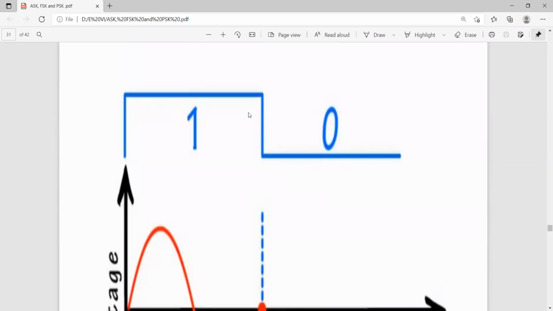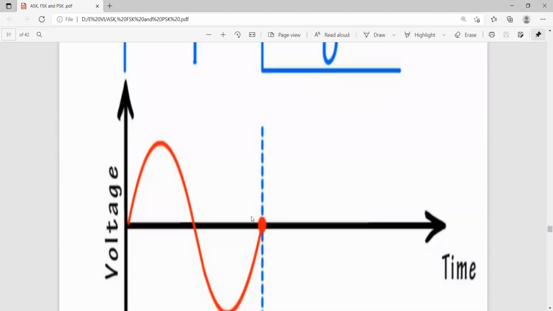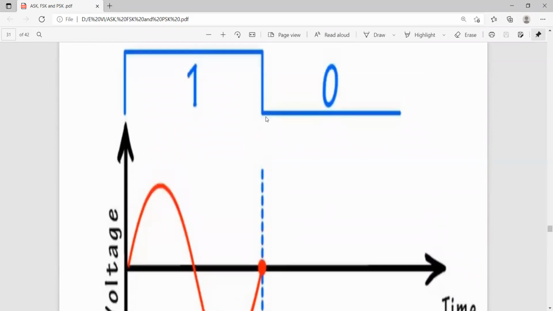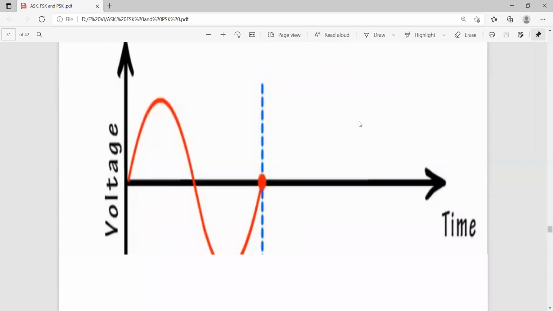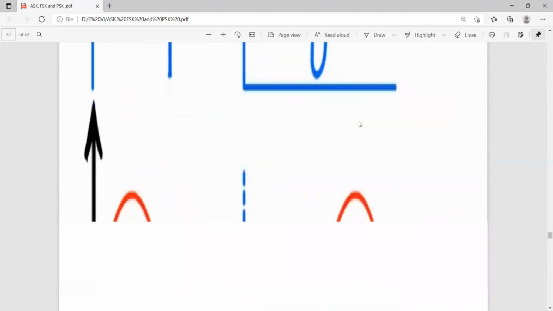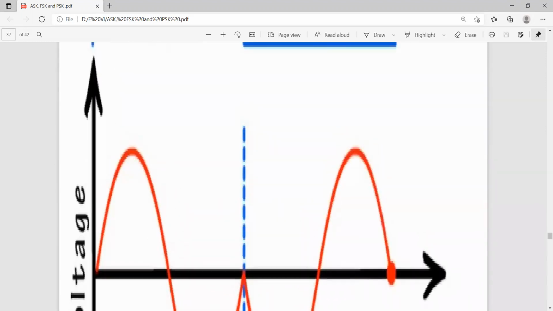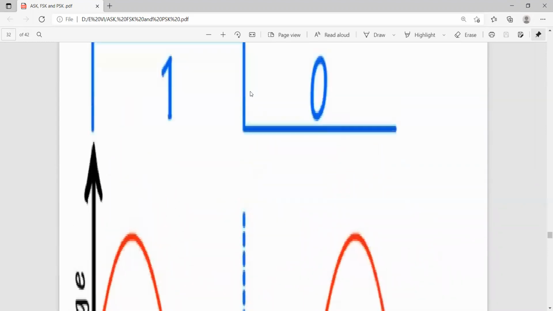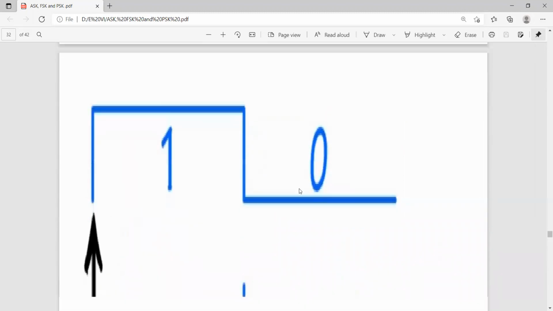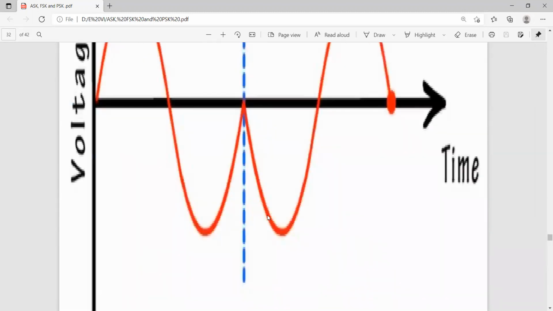So here it is 1 to 0 transition, 1 to 0 transition. Up to this it is one phase, and suddenly here 1 to 0. For 1 to 0, how does it change? We can observe that now. Whenever it changes from 1 to 0, there is a sudden phase change like this.